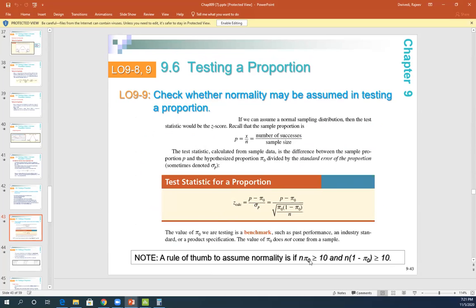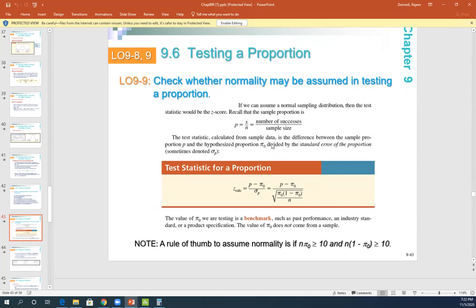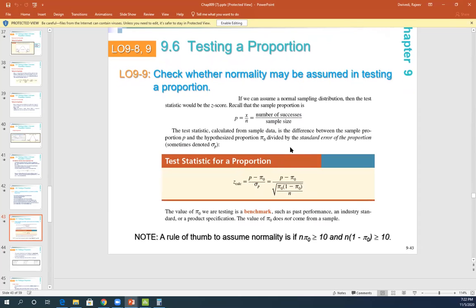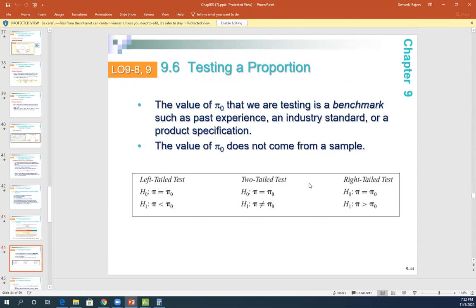When the pi value and sample size multiplication is greater than 10, and n(1 minus pi) too, then we can use this. So first thing to do is to check this, and then only you can go for hypothesis testing for proportion. Here proportion, mu equal to 0 not.